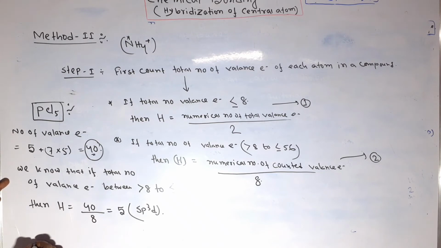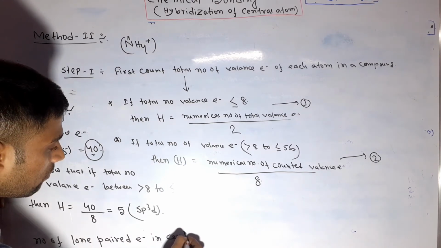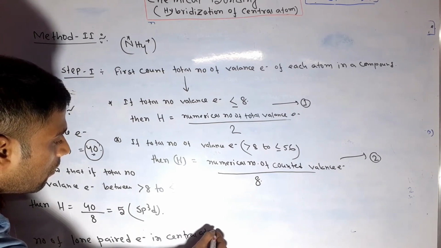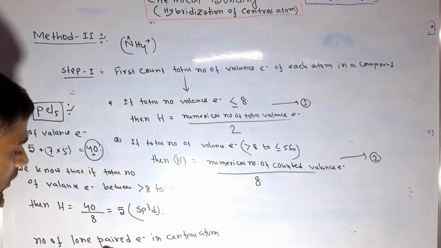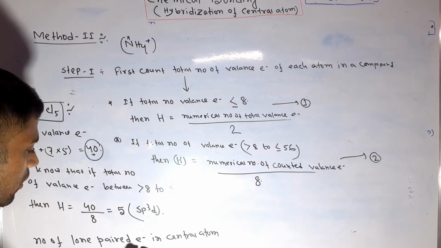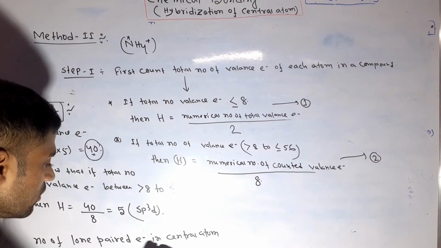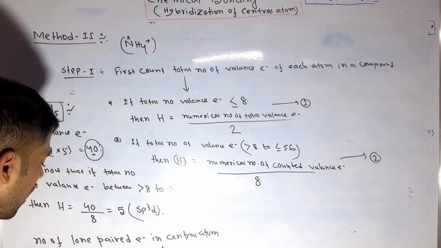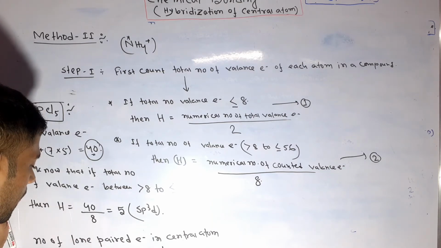If you count the number of lone pair electrons in the central atom, that means the hybridization number H minus the number of surrounding atoms. The hybridization number is 5, and the surrounding atoms are 5 chlorines.